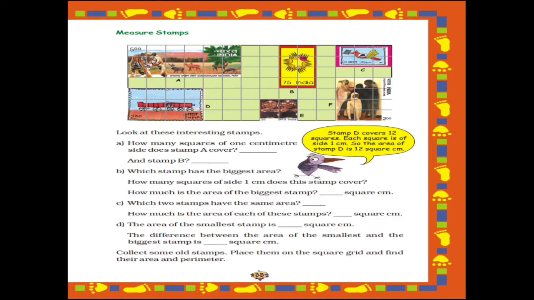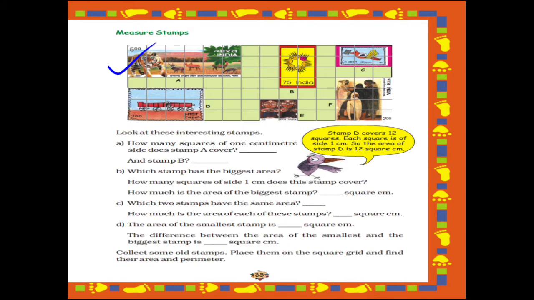Now let's see question number B. What is given? Which stamp has the biggest area? Now we have to find which of the stamps has the biggest area. We have just counted that stamp A is covering 18 squares and stamp B is covering 8 squares.